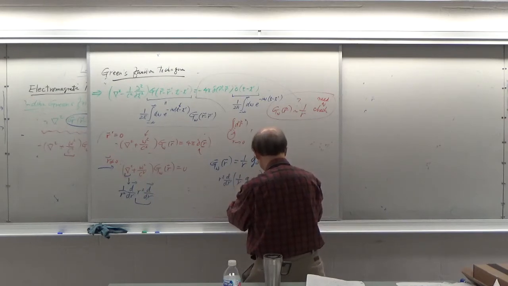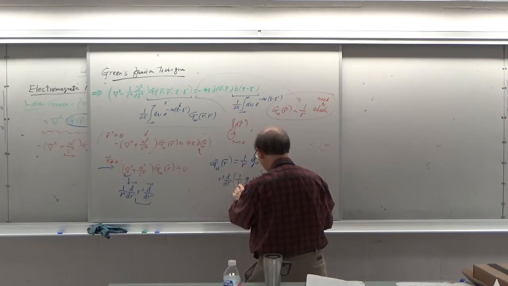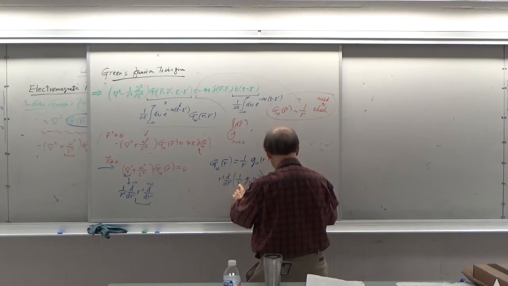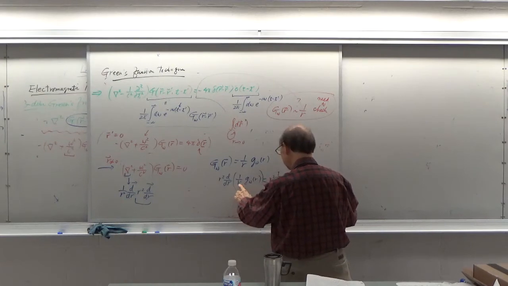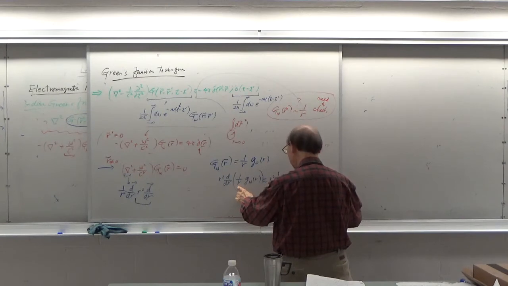So it's equal to R squared times, when it acts on 1 over R, it gives you minus 1 over R squared times g sub omega of R. Then it can act on this, so that 1 over R d by dr acts on small g sub omega of R.